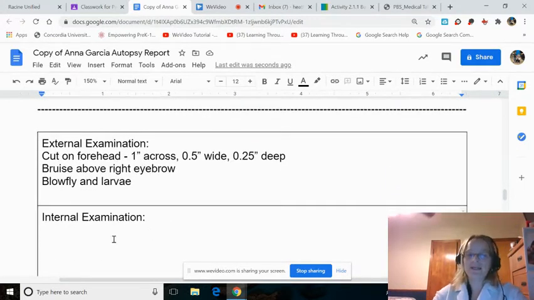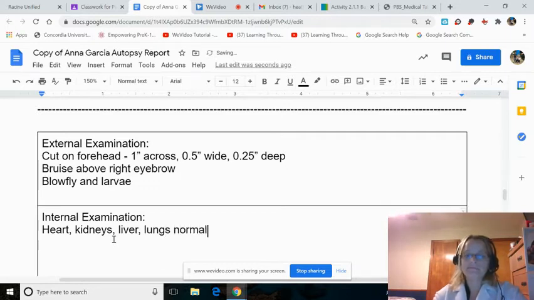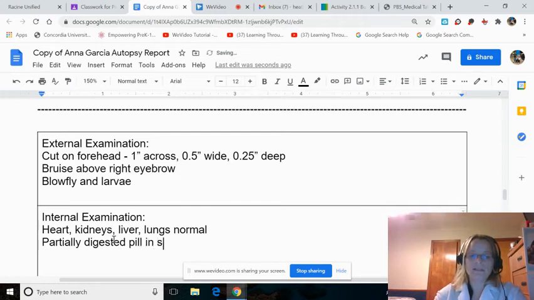Internal examination. Let's see what we've got. We've got the heart. I think, and they mentioned this briefly in one of the sections, some other organs we didn't talk about. So we're going to say kidneys, liver, lungs, normal. We had partially digested pill in stomach.